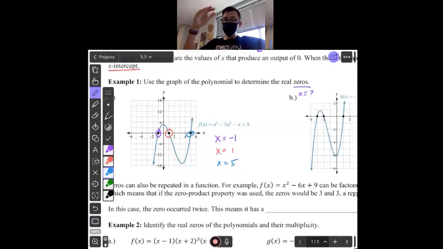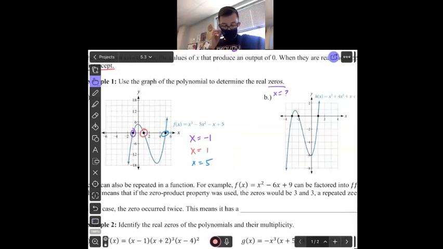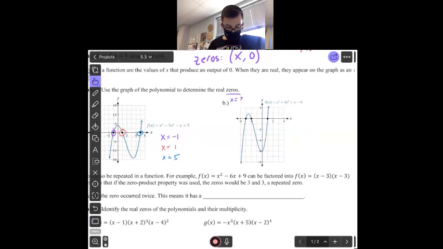I do believe that the WebAssign asks you guys to order them a lot of times from small to large, so it will look pretty much like this. Okay. And it's pretty straightforward most of the time. They give you the graph, find those x-intercepts.